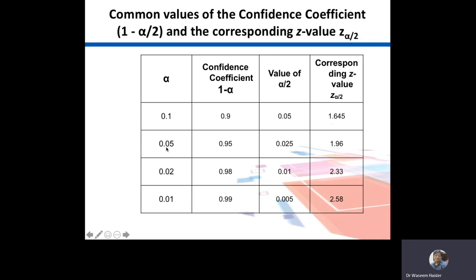If alpha is 0.05, we have already seen that it is a 95% confidence interval; alpha/2 is 0.025 and the corresponding z value is 1.96. Same way, for alpha 0.02, the 98% confidence interval, z is 2.33. For alpha 0.01, which is the 99% confidence interval, alpha/2 is 0.005 and the corresponding z value is 2.58.